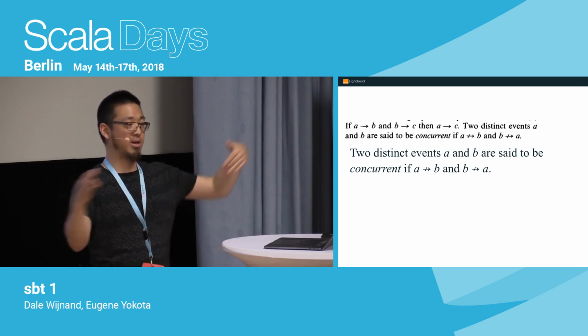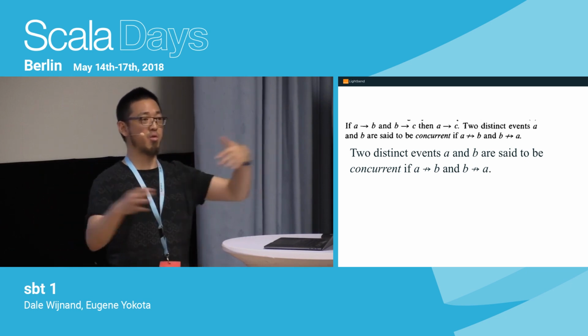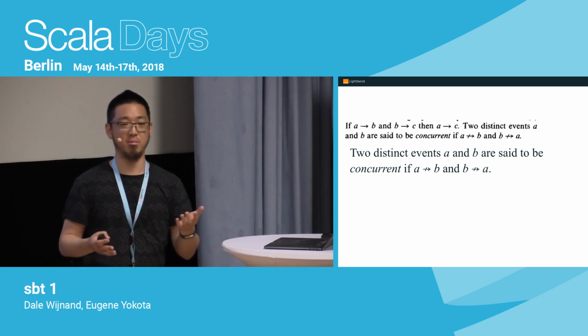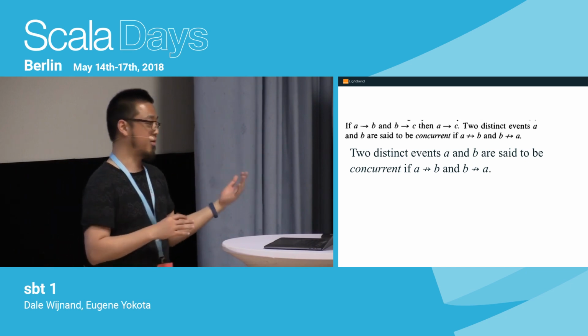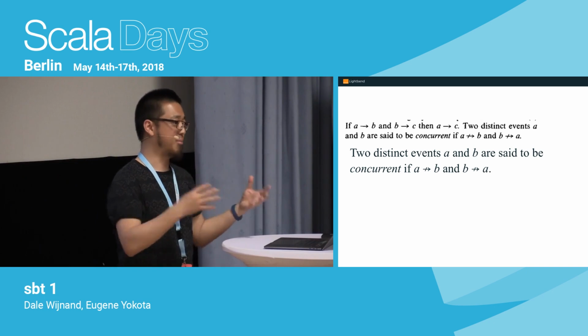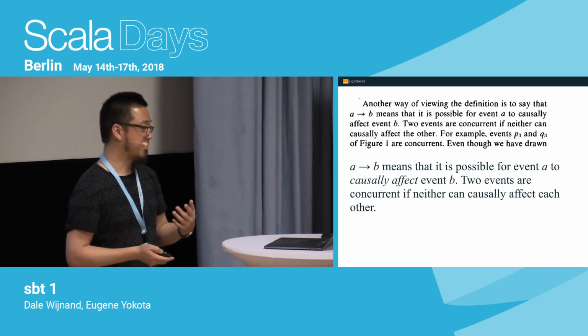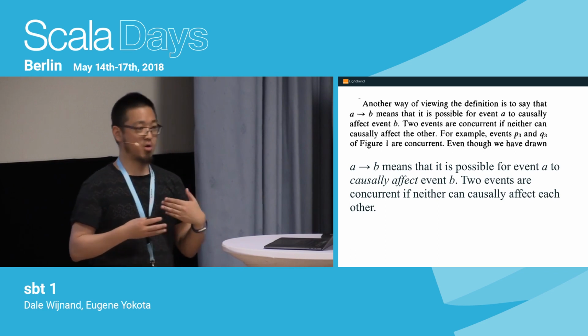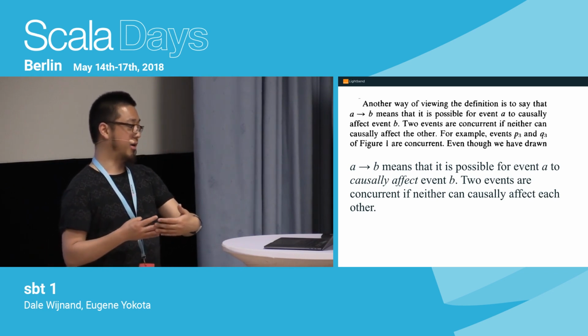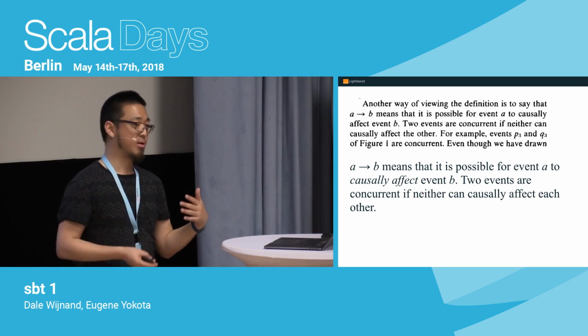They didn't happen with any sort of correlation, right? There is no happened-before relationship, therefore they are concurrent. So concurrency has more to do with the causal effect than the actual parallelism.